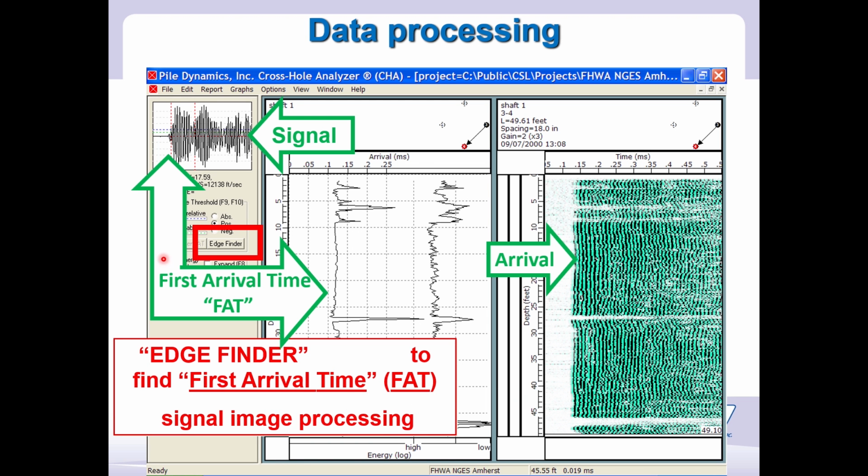So in the signal, here we have the signal in the upper left-hand corner. That is, it rings when you excite the probe with a high voltage. It pulses, and this is the received signal, and it is transmitted across.